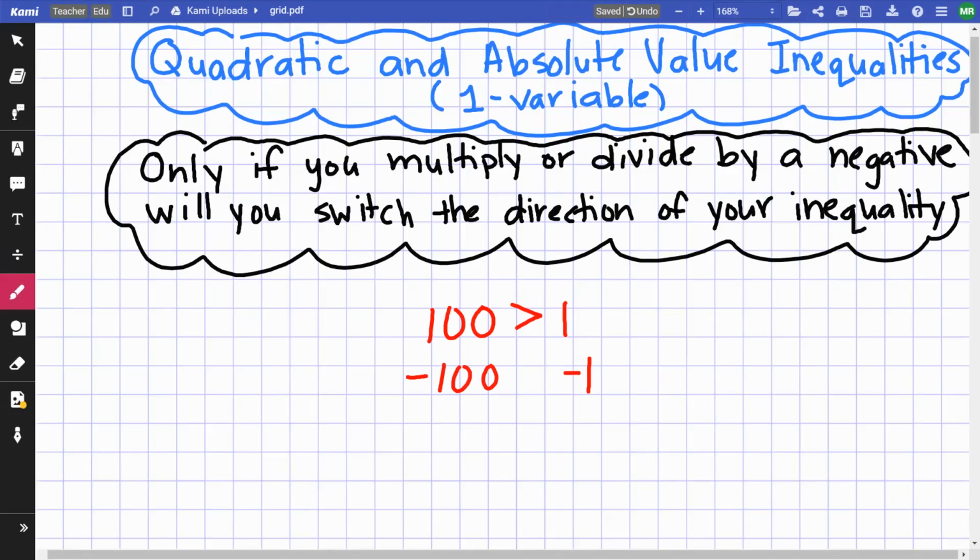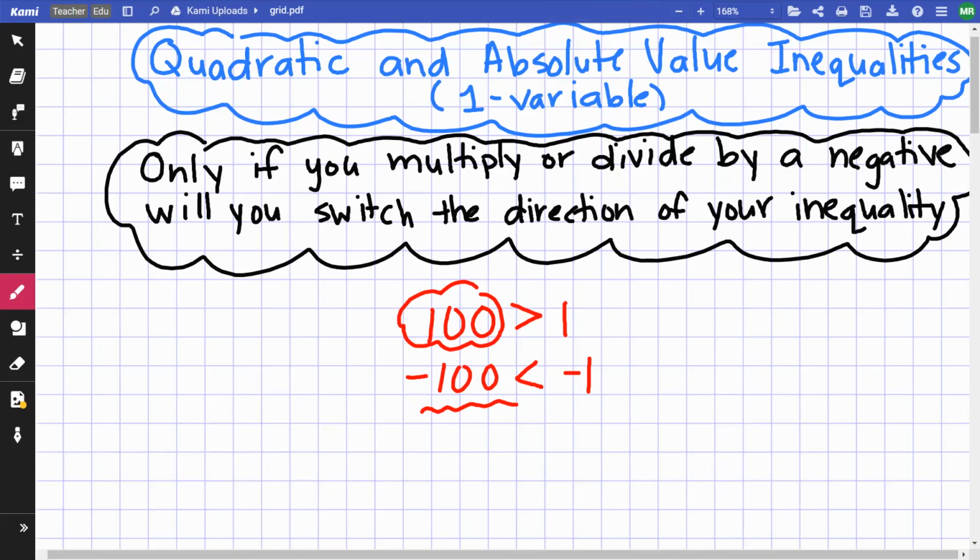Is negative 100 greater than negative 1? So negative 100 is now less than negative 1 because whatever was maybe big as a positive is now small as a negative. That's why we switch the direction of our inequality, okay? Whether we multiply or divide by a negative.